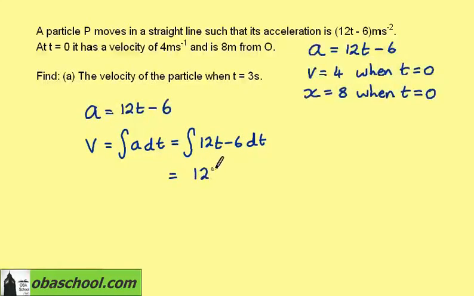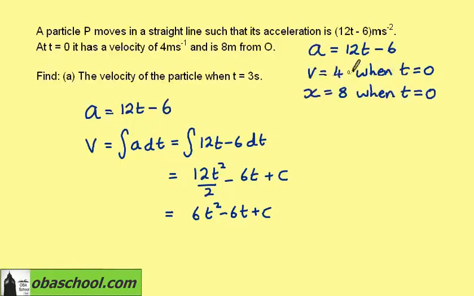This gives us 12t squared divided by 2, take away 6t plus a constant. Tidying, this is 6t squared minus 6t plus c.